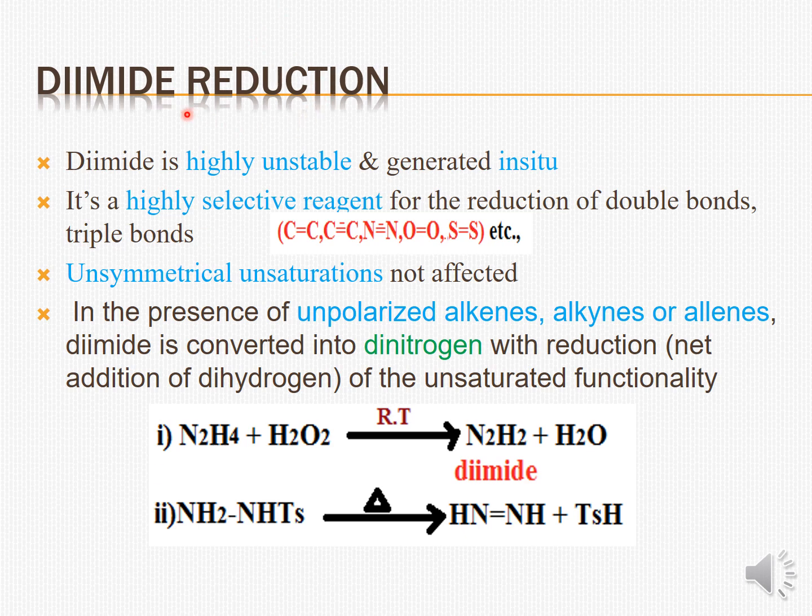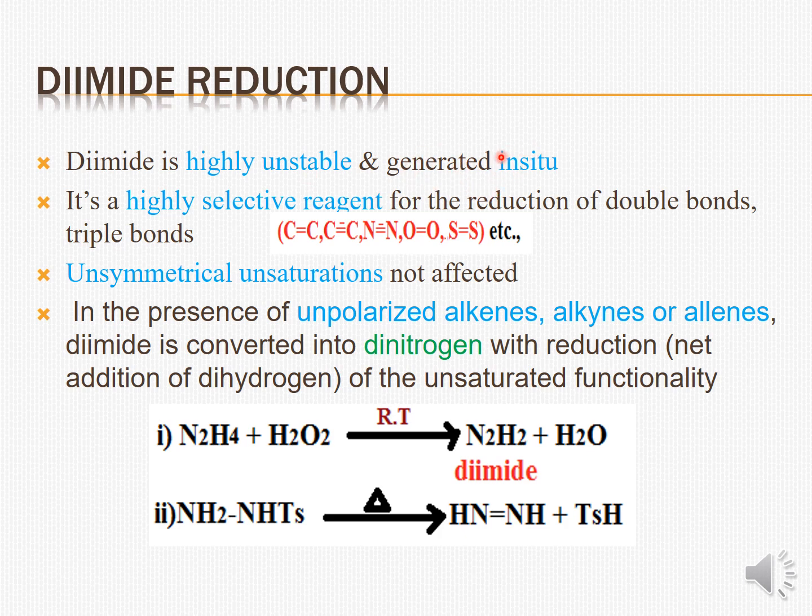The diimide is N2H2, that is your two imide compounds, N2H2. So what is diimide? Diimide is an unstable compound, highly unstable, and it is generated in situ.